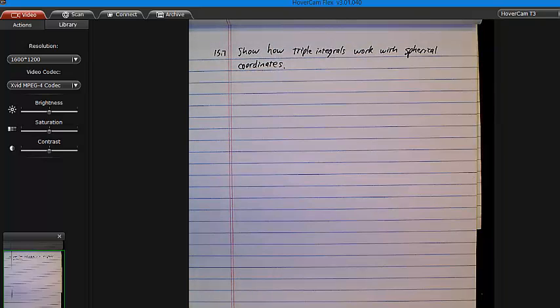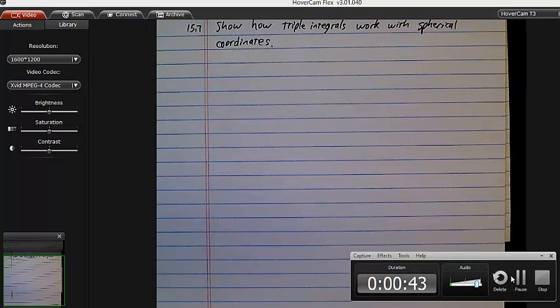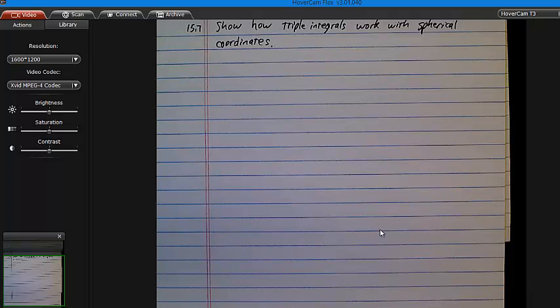That's what I want to do. I want to show how triple integrals work with spherical coordinates. And so I'm basically doing, let me list this.